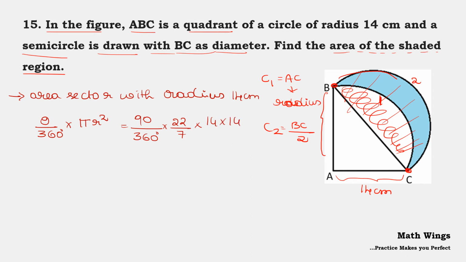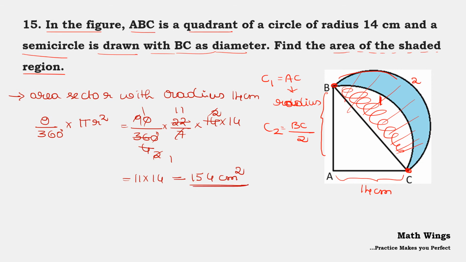So I can write 14 into 14. When I simplify this one, I'm getting 11 into 14, so this is equal to 154 centimeter square.